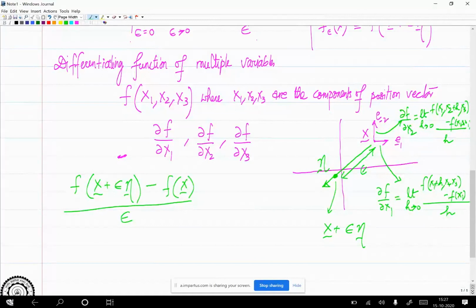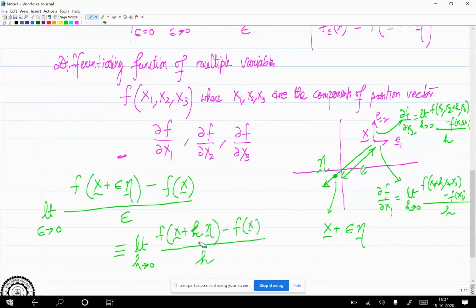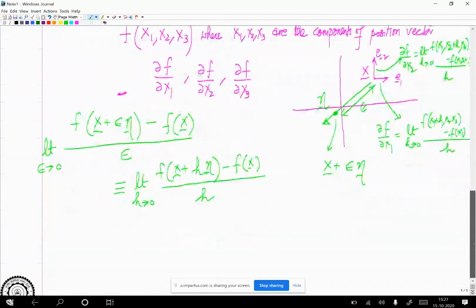You can take this epsilon as h also, doesn't matter. Here you have to take limit epsilon going to 0, and this is the same as limit h going to 0, f of x plus h into eta minus f of x, divided by h. Does anyone have any confusion here?